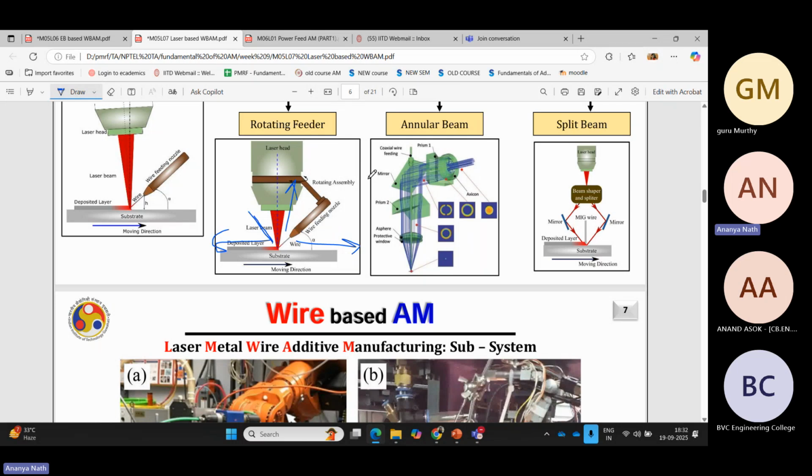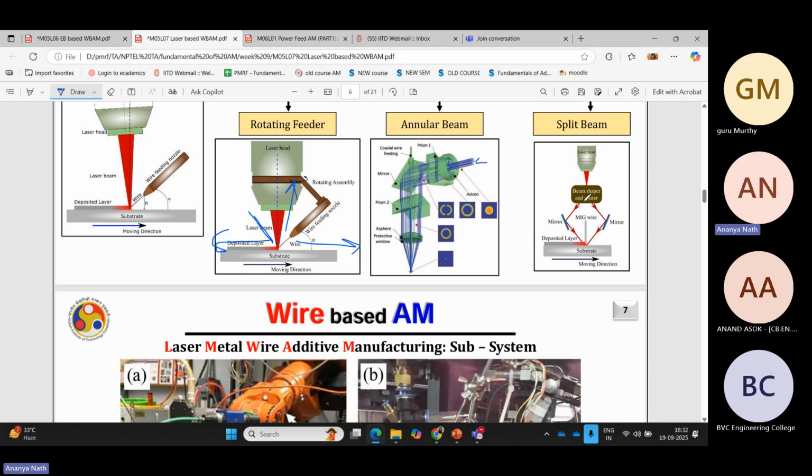Otherwise, if you have the coaxial one, where the wire is coming from the central hole and the laser is coming from the circumferential hole of the nozzle, you can have omnidirectionality. It's called the annular beam because the main beam is split into multiple beams, and these multiple beams come from all directions from the circumferential slot, and you get this annular type of beam.